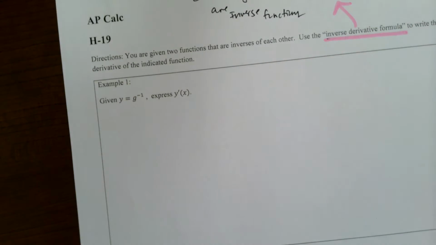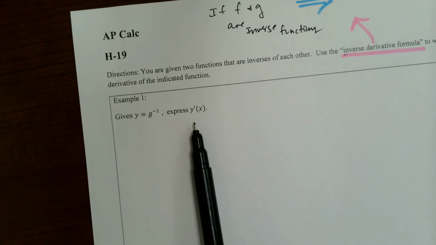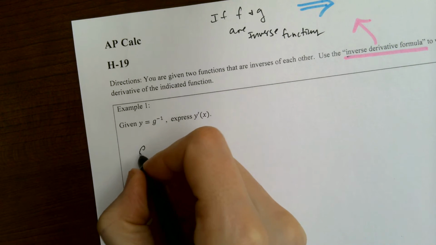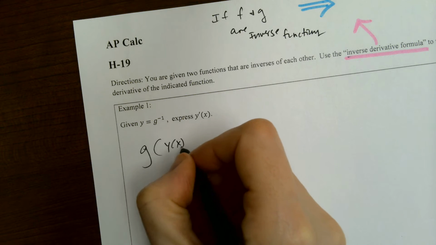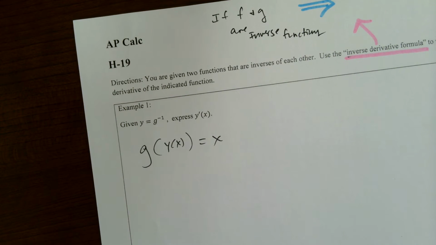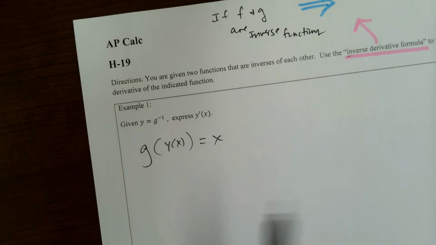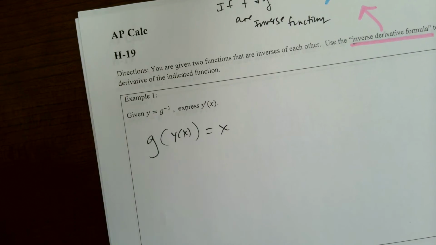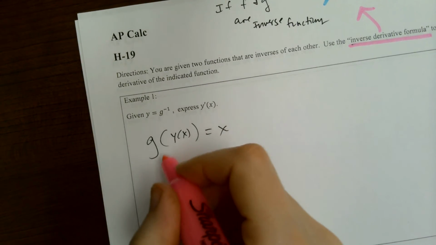So if we want y prime, then the composition that you do should be g of y of x equals x. Now, worst case scenario, you pick the wrong one, like y of g of x, and that's going to give you g prime. So you would just have to go back and fix it, unless you're using the formula, which we'll introduce in a moment. So I've got to take the derivative.